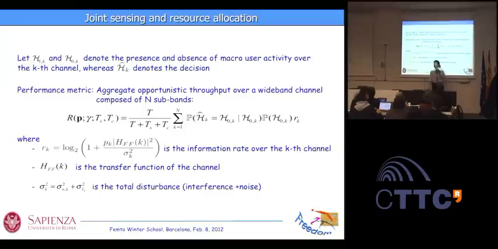But I don't want to incorporate this term into the utility function. Why? Just because I want to maximize this function, so I want to take into account only the positive terms of this rate. I don't want to take into account a negative term, the fact that I transmit where I should not.